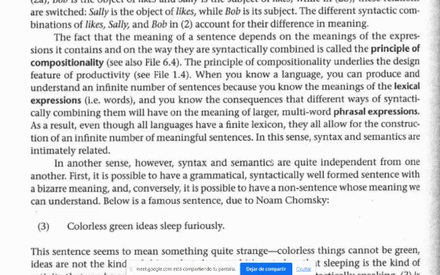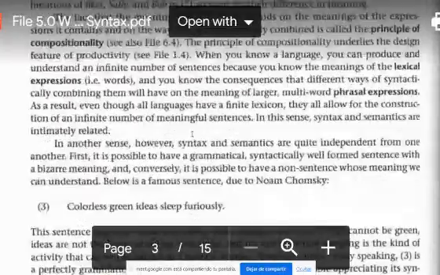When you know a language, you can produce and understand an infinite number of sentences because you know the meaning of the lexical expressions, for example words, and you know the consequences that different ways of syntactically combining them will have on the meaning of larger multi-word phrasal expressions. As a result, even though all languages have a finite lexicon, they all allow for the construction of an infinite number of meaningful sentences. In this sense, syntax and semantics are intimately related. Okay, perfect. The relationship between them.